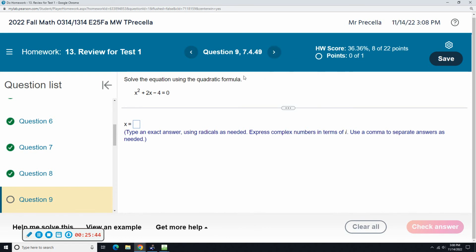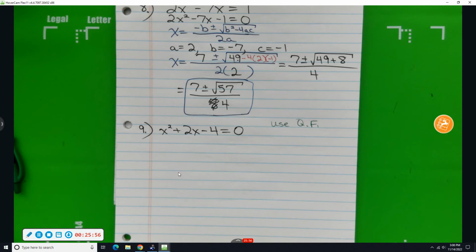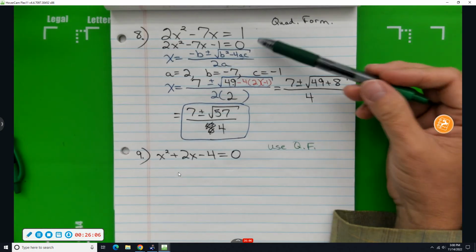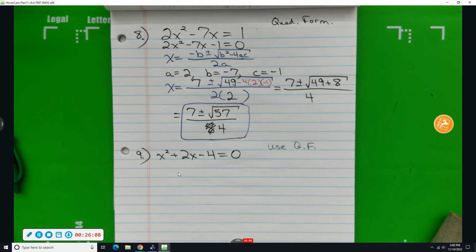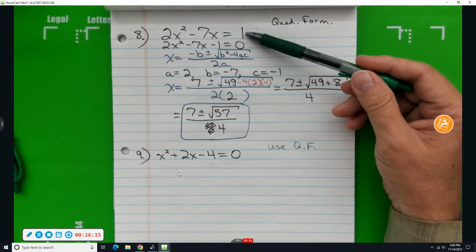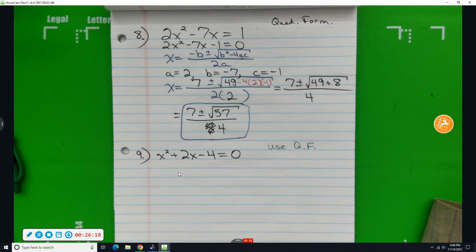Once again, we're using the quadratic formula. Are we going to have to move terms around on number 9, the way we did number 8? No, because the equation's already in the desired form. We already have it set equal to 0. Notice up here the constant was on the right. We had to move it over to the left.